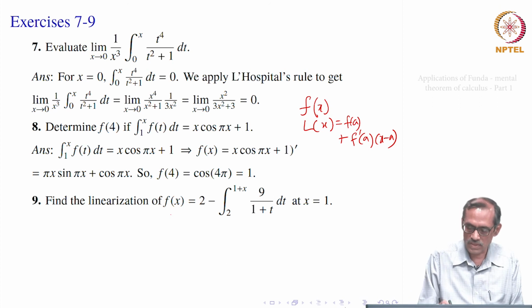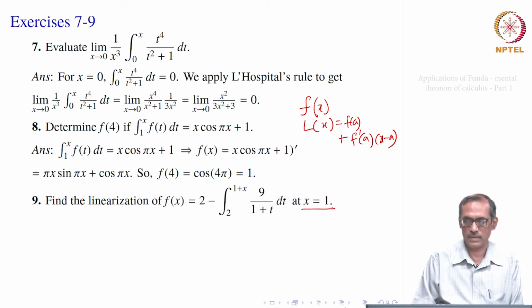And now in this case, f of x is given in terms of an integral. So, f of x is 2 minus the integral from 2 to 1 plus x of 9 by 1 plus t dt, and we want to find a linearization at x equal to 1.